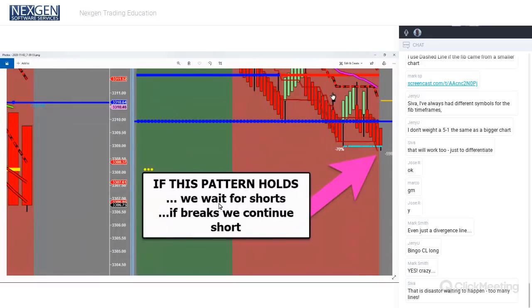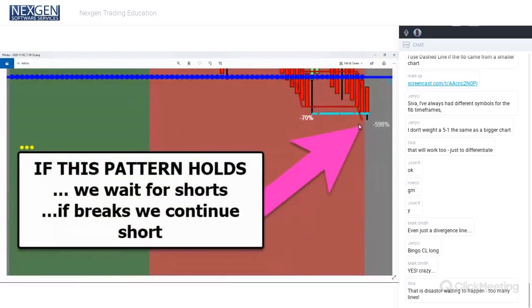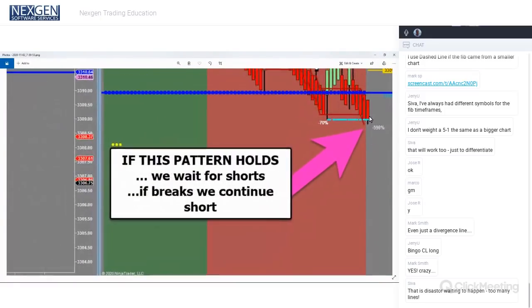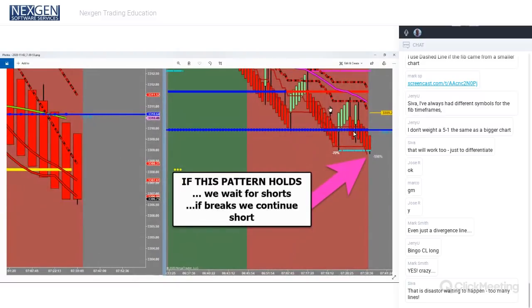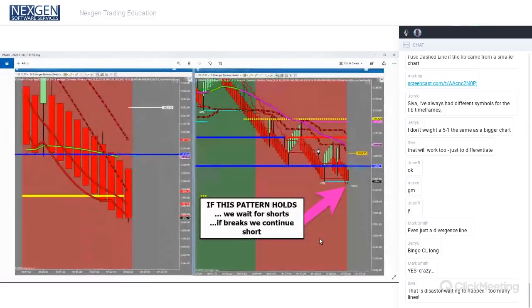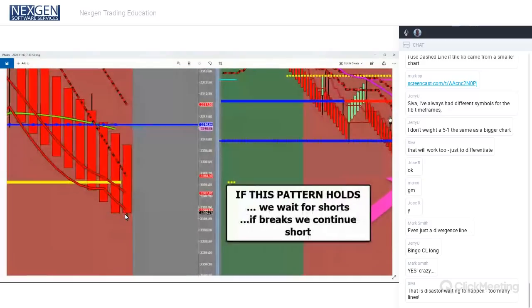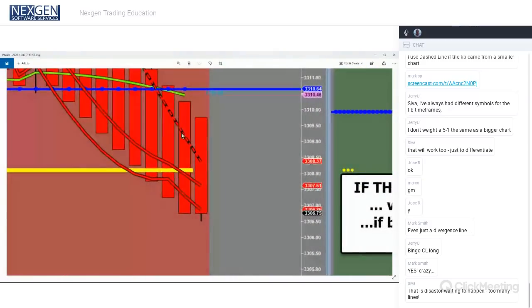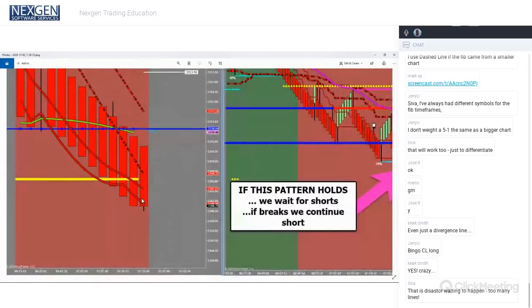So the idea is if this pattern breaks and this fib really does turn into a red line, then we're going to continue with a short trade. So it's kind of a line in the sand, but the inclination is that we're going to be going to the downside because of the direction and the location of our trigger lines relative to the fib. Are we okay with that?